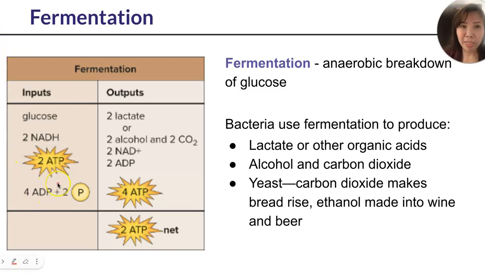We use 2 ATP, but our net result of fermentation is that we actually will make some ATP, so we still end up with a net gain of 2 ATP. Okay, so the next step right here is going to go into the preparation state. So we'll stop here, and I'll see you guys in the next video.